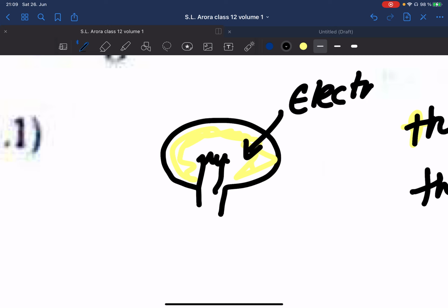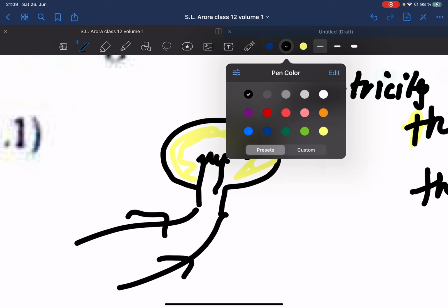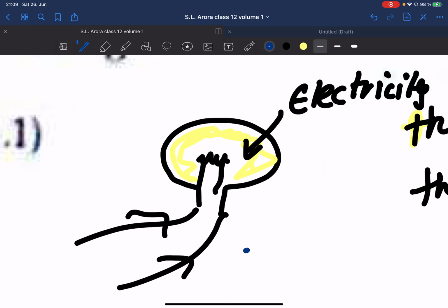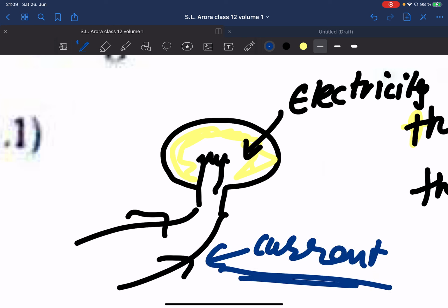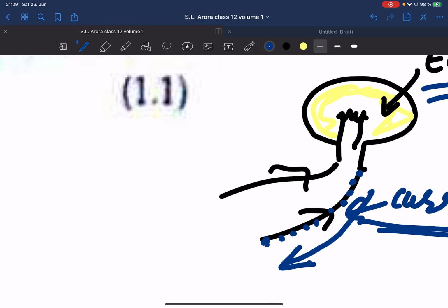All of this flows in the wire and then reaches the bulb. That's called current. There's a difference between these two things, and some people never tell you this. Current is the flow of electrons. The electrons always flow opposite to the direction of current, so the electrons try to flow opposite.